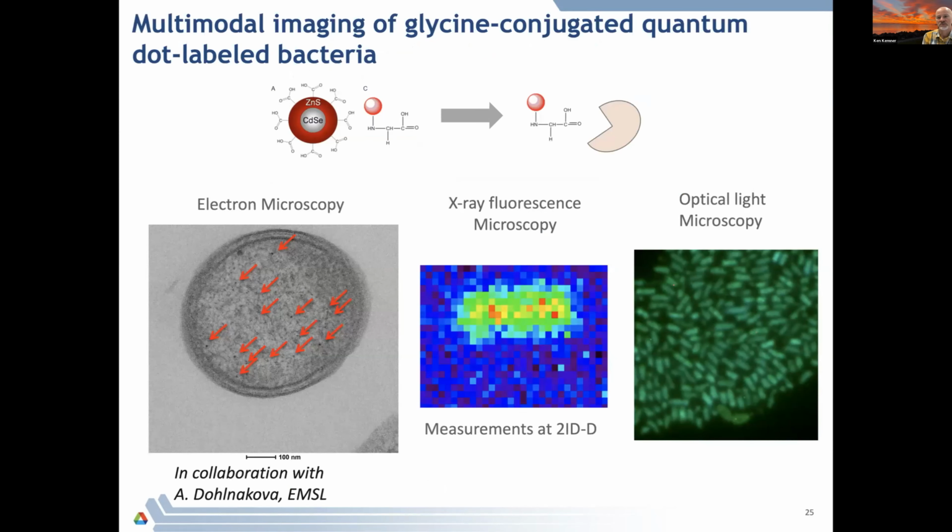And so this image demonstrates how you can actually visualize bacteria that have quantum dots in them, these cadmium selenide quantum dots. Show you with the electron microscopy on the left that the dots light up just from a density profile. We can go to sector 2 IDD, and we were able to do X-ray fluorescence elemental mapping of those cells to see the selenium lighting up within the cell, and the optical microscopy on the right.